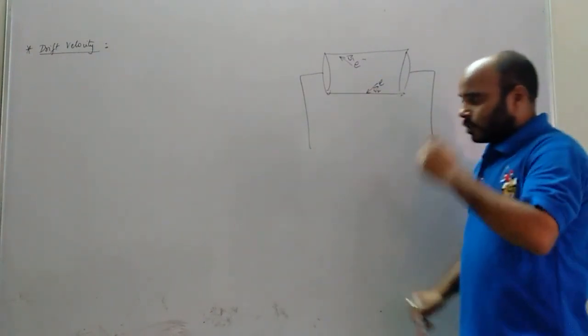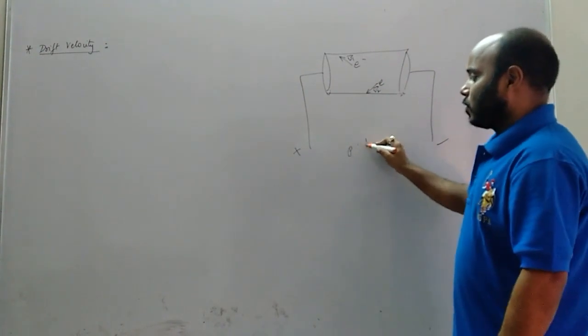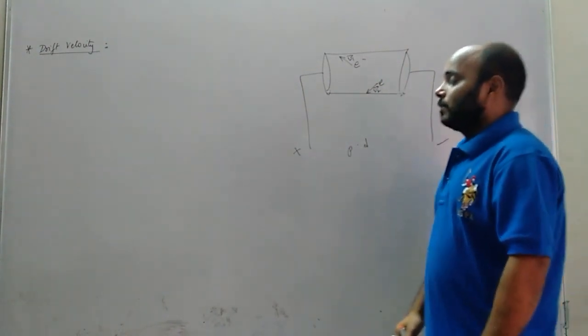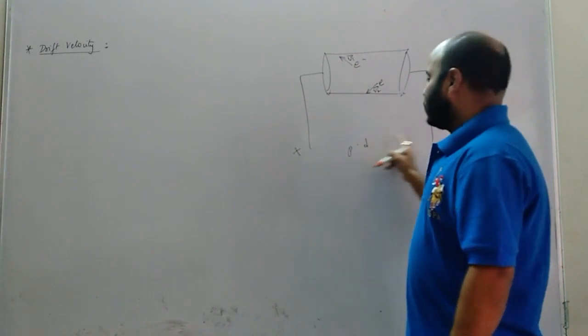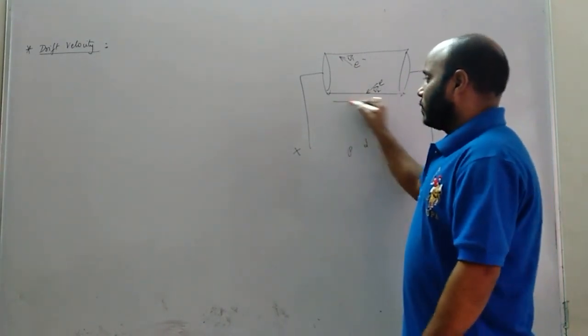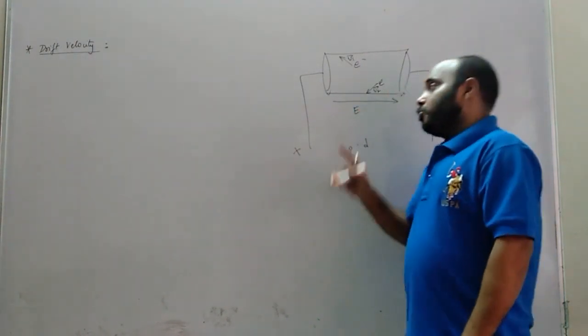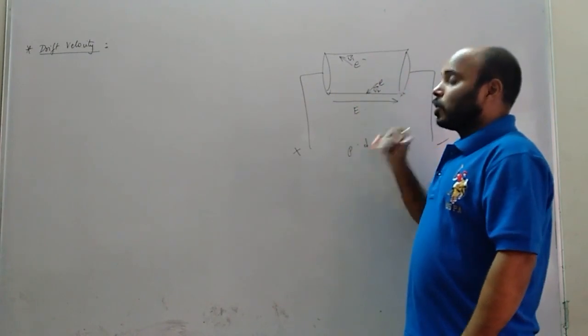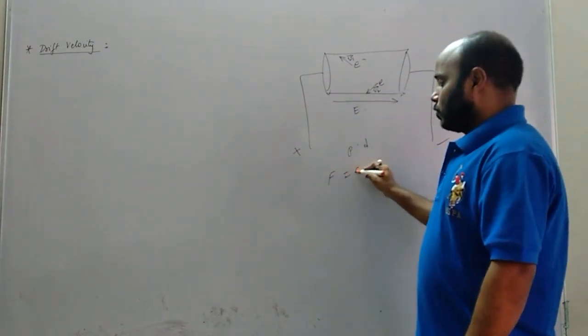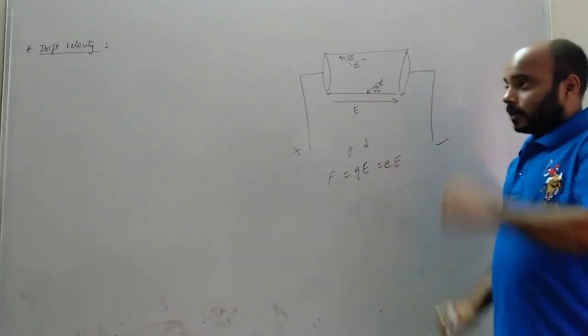Now, as soon as I apply some source, some potential difference across the conductor, what will happen? When we apply this potential difference, we are indirectly applying an electric field. Due to this electric field, these electrons will experience some force qE, where q is the charge of the electron, times E. Clear?